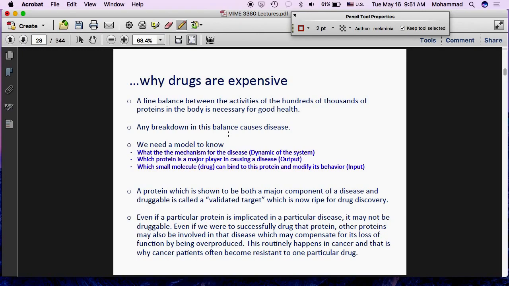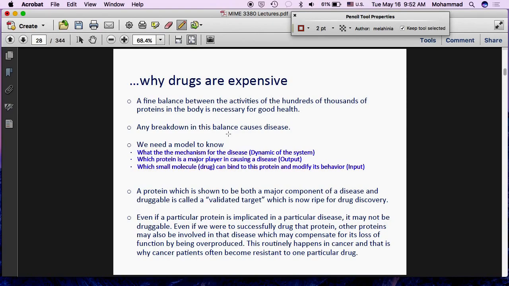And here's the complication: this system is not single input, single output. So it's not that if you put in a molecule, the output would change. There are multiple other inputs that are going to affect the system. That's the whole concept of drug resistance.